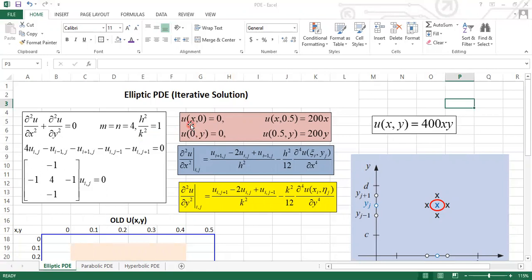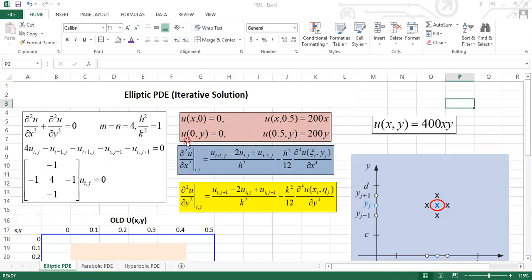We have in this problem the boundary conditions like u(x,0) equal to 0, which means for all points along the x-axis where y is equal to 0, we have a value 0 for the dependent variable u. Similarly, for all points u(x,0.5), at the boundary marked by the y value 0.5, this is 200x.